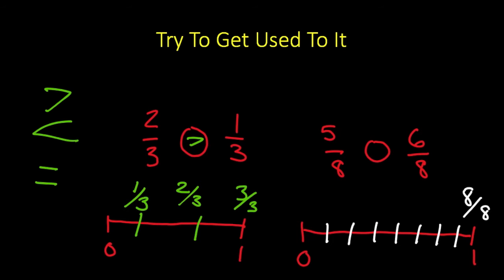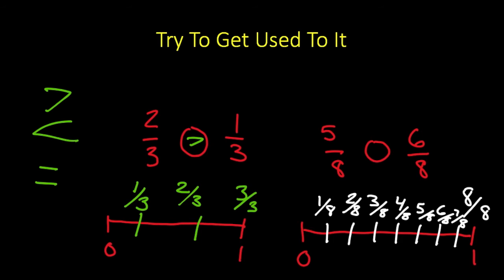So then now let's find out where 5/8 is. Well, we know this is going to be 1/8, 2, 3, 4, 5, 6, and 7. So 5/8 is right here and 6/8 is right here.